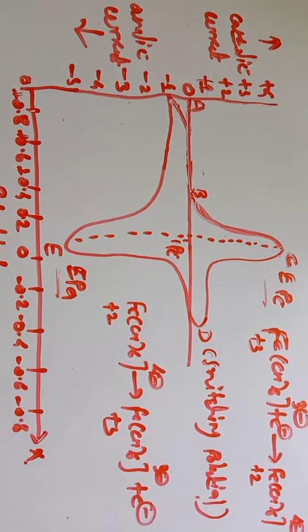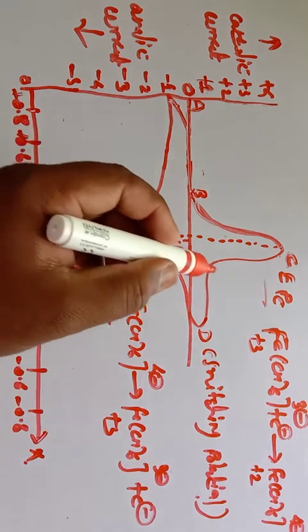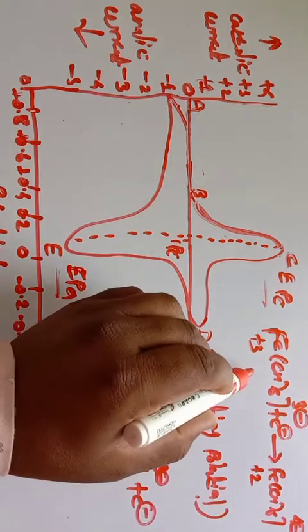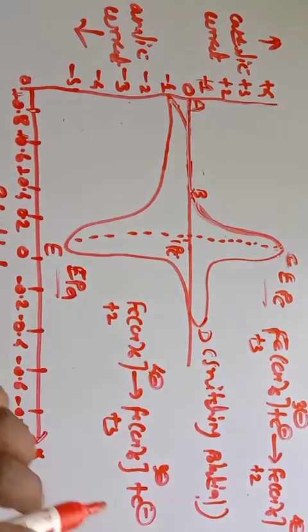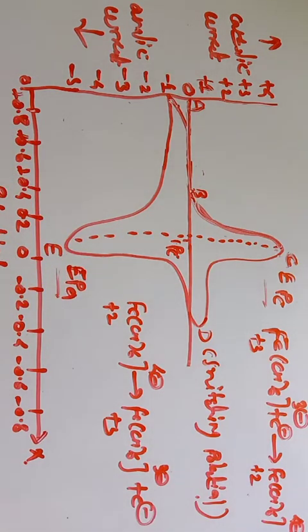It undergoes the reduction reaction, and when there is a total conversion of Fe plus 3 to Fe plus 2, we get maximum current, and after that the current decays rapidly, means the current rapidly decreases as there is no concentration of Fe plus 3 left, because all this Fe plus 3 is converted into Fe plus 2, and we get a maximum current due to this reduction process.